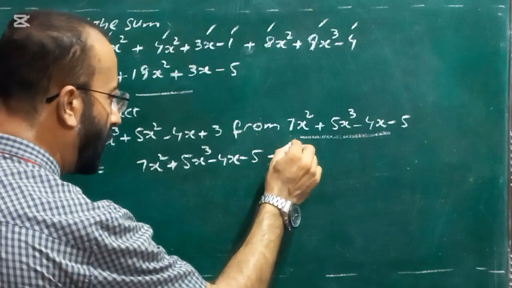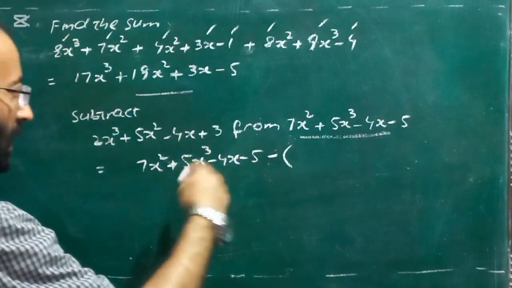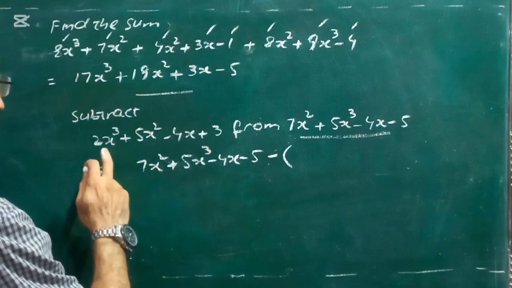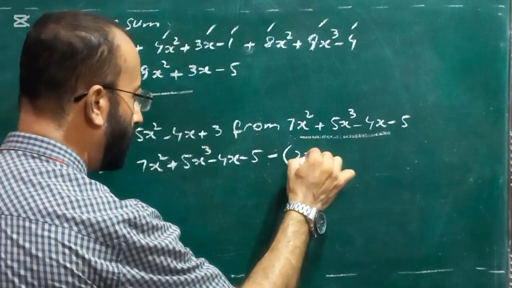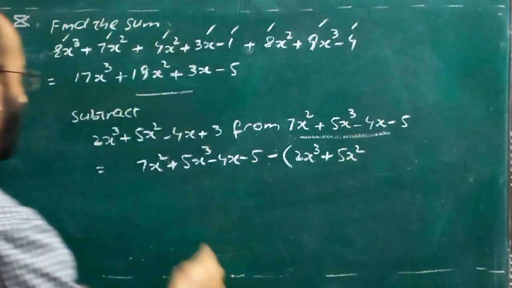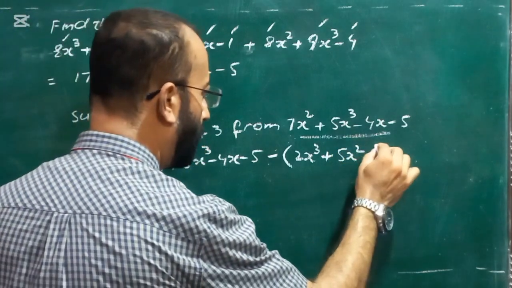So minus sign will be written there, and this value will be written after then, but in the bracket. Remember these steps. So 2x cube plus 5x square minus 4x plus 3.